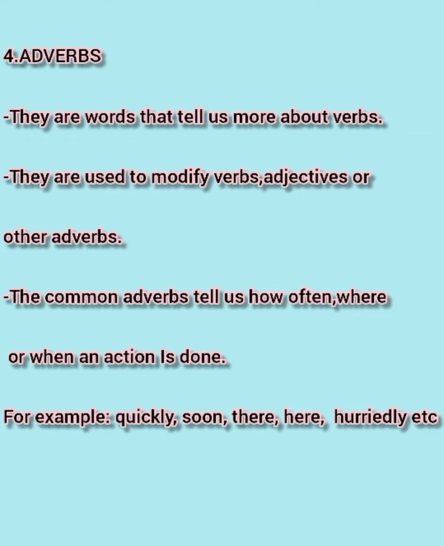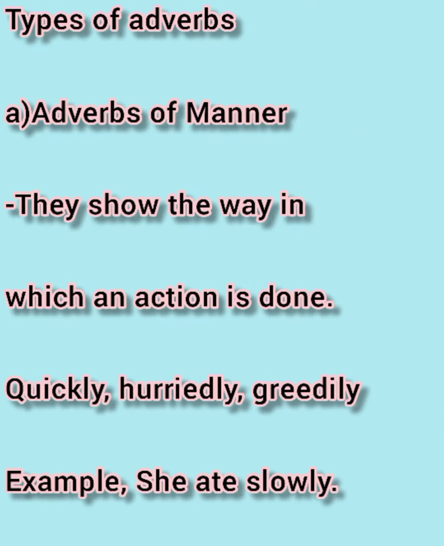Now, back to our part of speech, number 4, adverbs, which are words that modify verbs, adjectives, or other adverbs. We have 4 main types of adverbs, which are adverbs of manner, and these adverbs show the way in which an action is done.